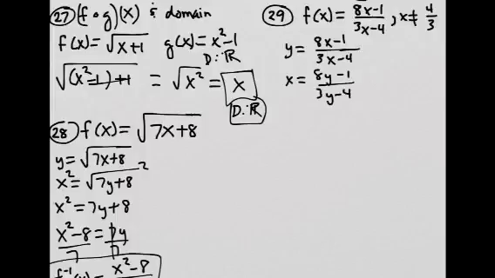Make sure you switch out both x's into y's. So now we're going to solve for y. First thing I'm going to do is multiply both sides by the denominator just to eliminate the denominator. So over here I'm going to put parentheses, so 3y minus 4, and then over here I'm going to squeeze in 3y minus 4.